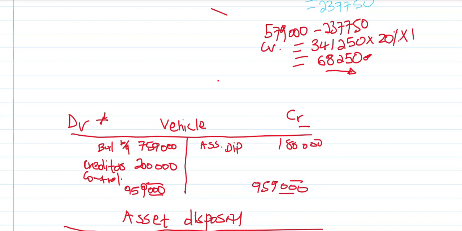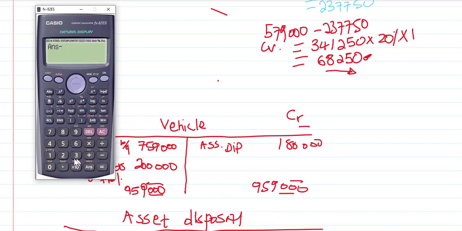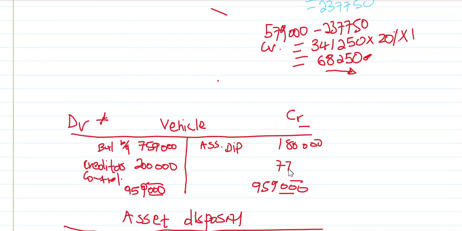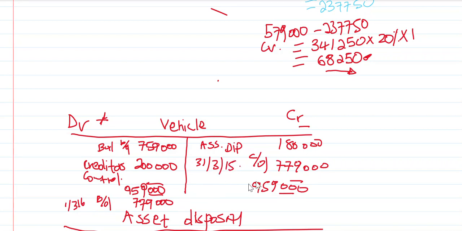Then you minus that 180,000 on that side there, gonna give us 779,000. So this is a carried down balance of the vehicle. This vehicle must become brought down on the debit side, 779,000 on the 1st of March 2016. This one is on the 31st of March 2015. It's carried down here. So we are done with the vehicle.